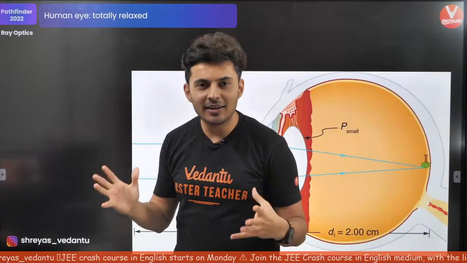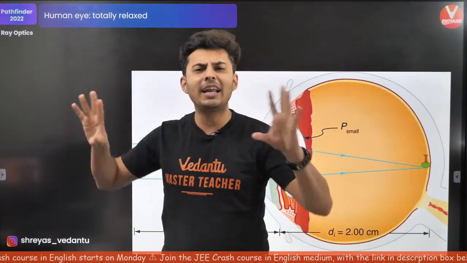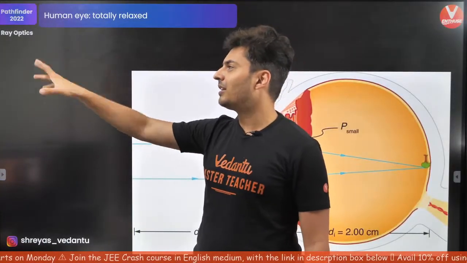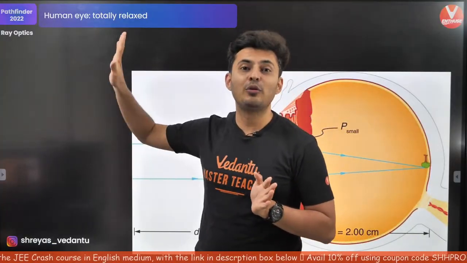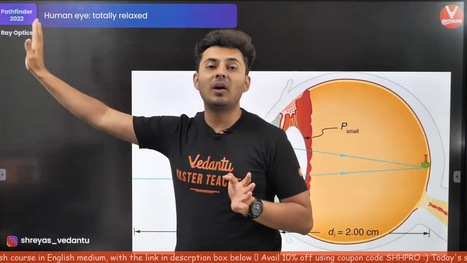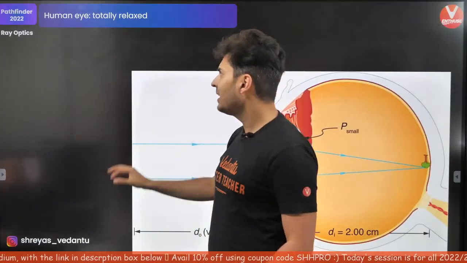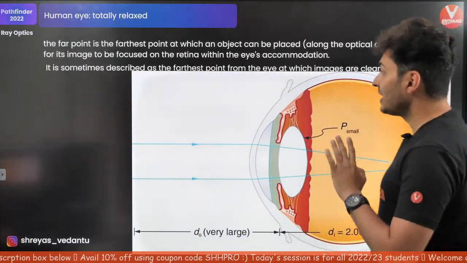There are some people who have some defect where the eyes cannot relax fully. Even if you want to see a distant mountain, the eyes cannot relax. So that means you will be unable to focus on objects beyond a certain distance. That is also a problem. But for an ideal eye, it is infinity. For a good, healthy eye, it is infinity.